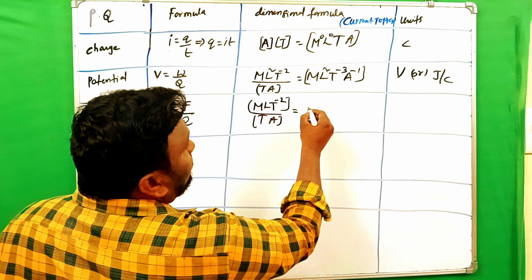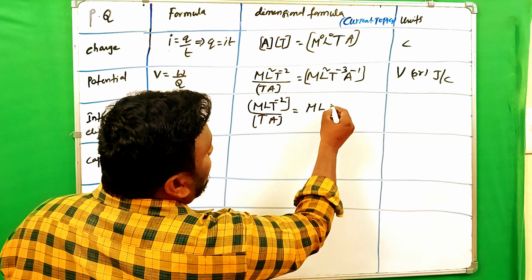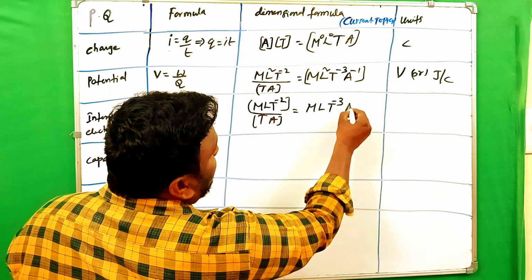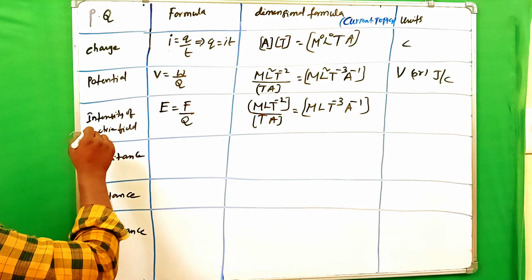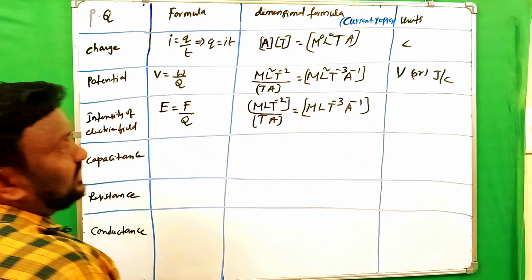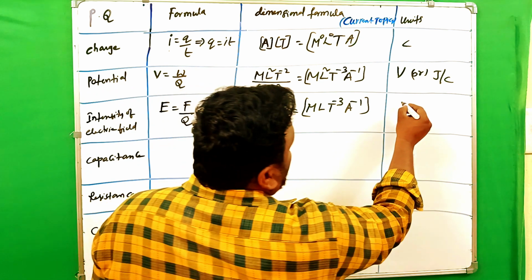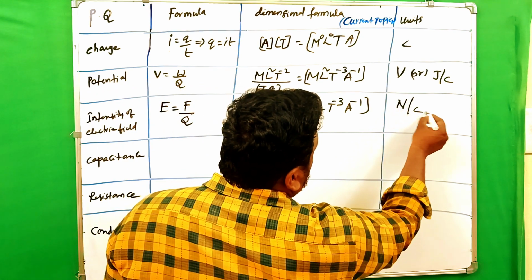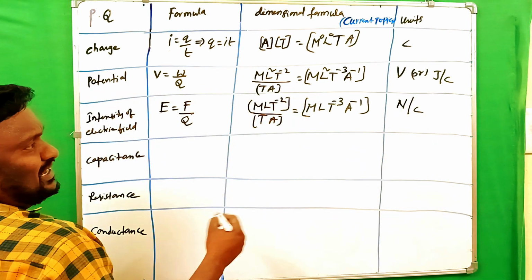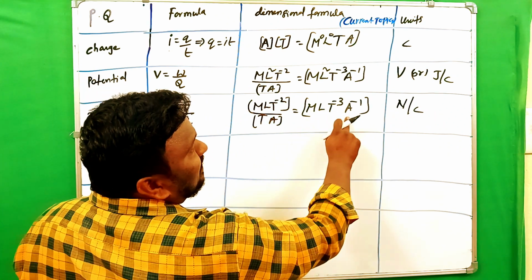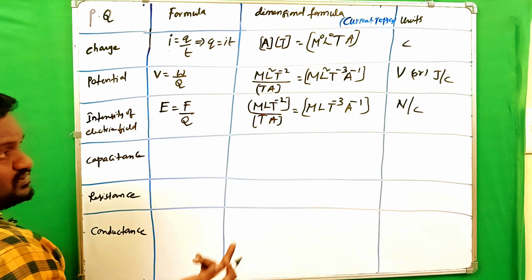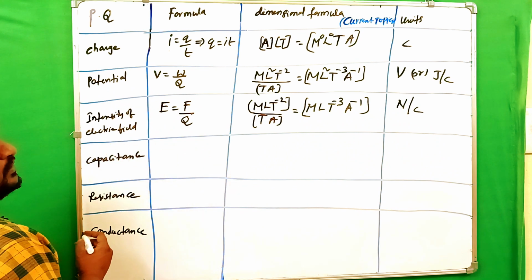Then we get M L T inverse 3 A inverse 1. That is the dimension formula of intensity of electric field. Its unit is Newton per coulomb, or as usual kg meter second inverse 3 ampere inverse 1.